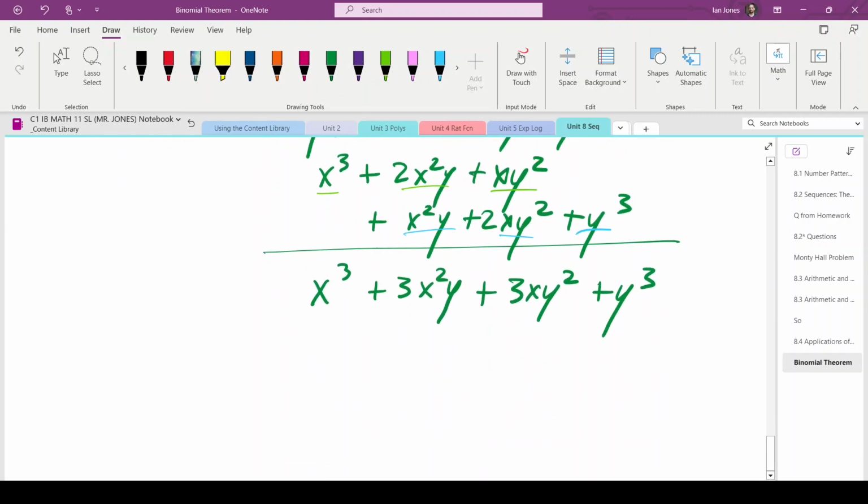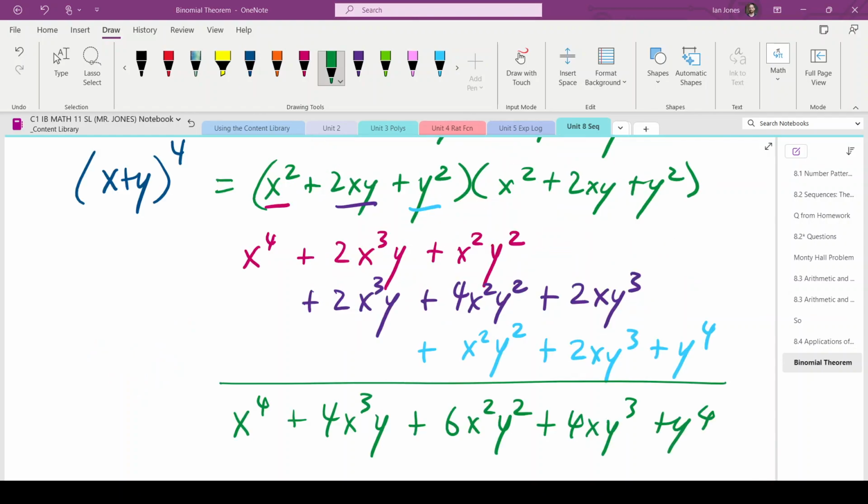All right, let's do one more. I'm going to do x plus y to the fourth. Okay, here we go. So here we have it. X plus y to the fourth is x to the fourth plus 4x cubed y plus 6x squared y squared plus 4xy cubed plus y to the fourth.